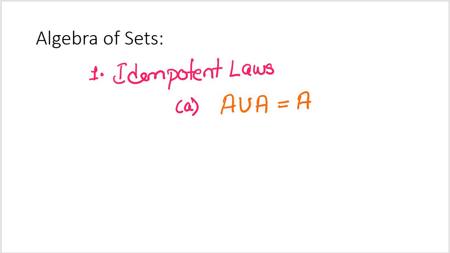Suppose I need to prove this, I can simply take an arbitrary element x which exists in A, so that would exist in both these A's, and obviously that would exist in A union A as well, and hence we can prove this particular part as well.